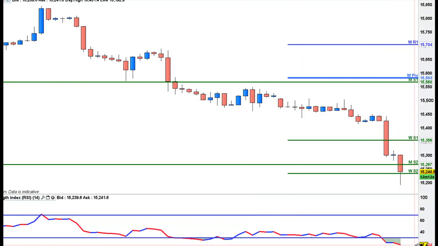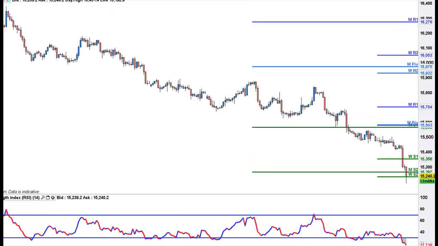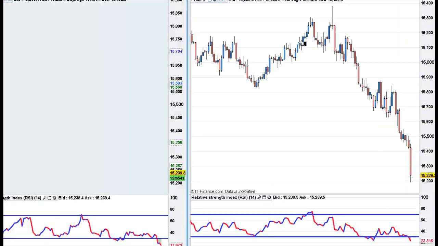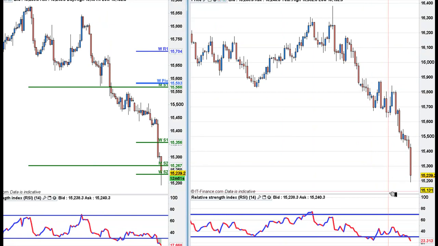Okay, we are extremely oversold now, and we are at monthly S2 and weekly S2 down here. So the pullback area for this one is the 153 area. Although it's oversold, that's quite a drastic seller's bar.